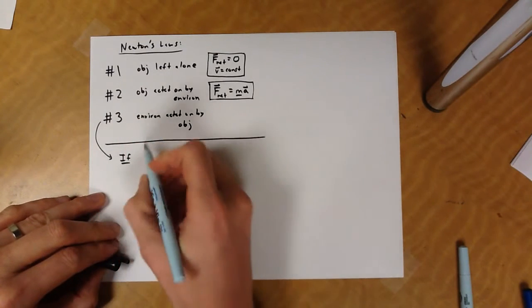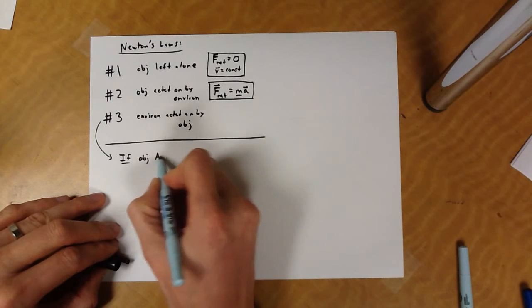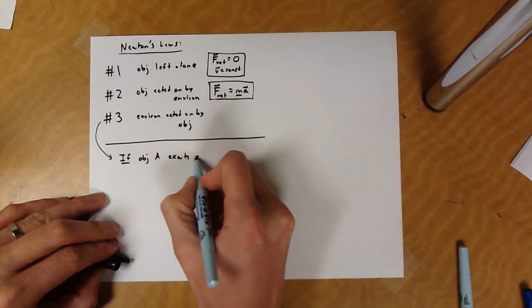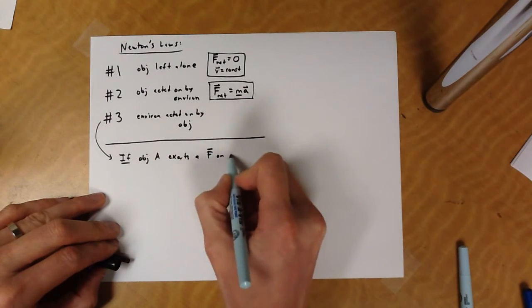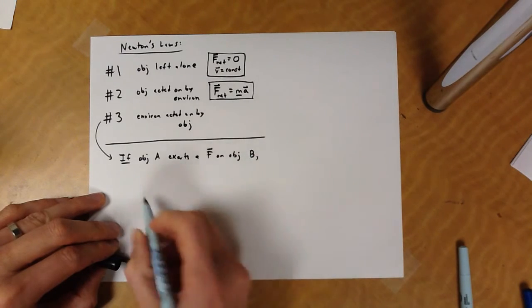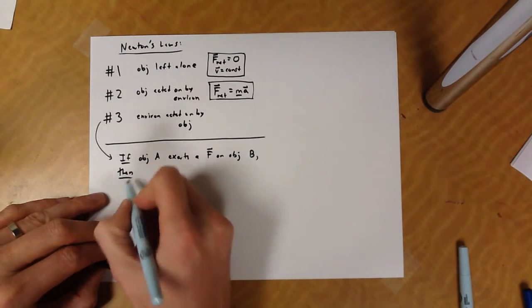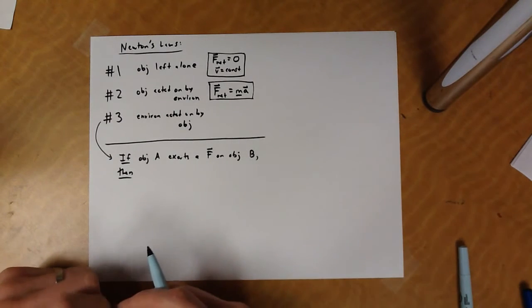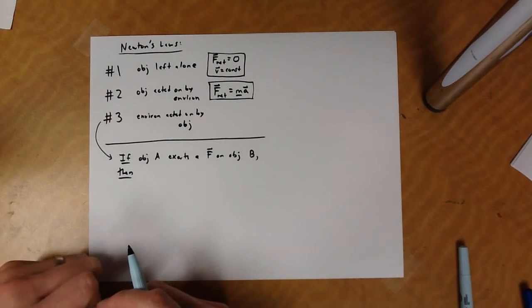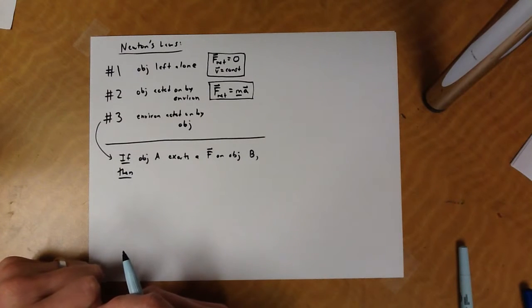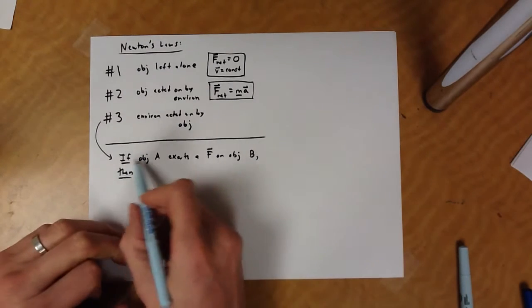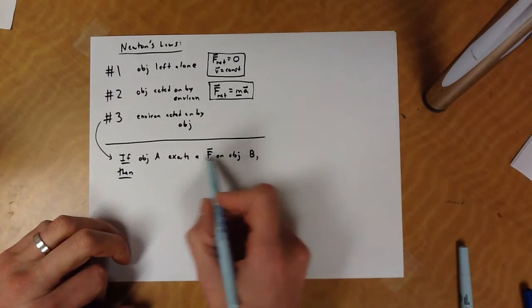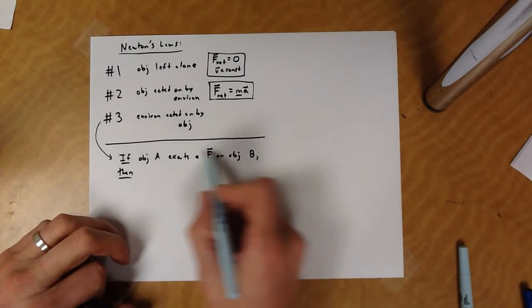If object A exerts a force on object B, then, and let me stop there and point out that it's not the job of this law to say if this is true. That you have to figure out by other means.